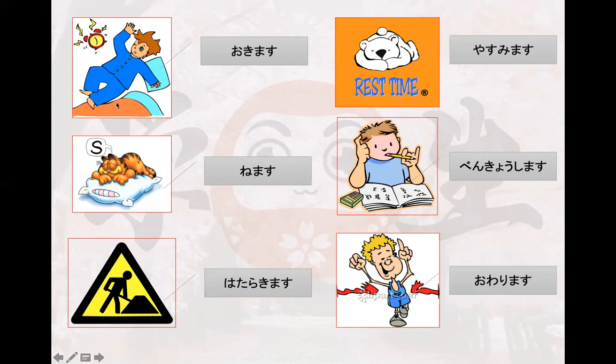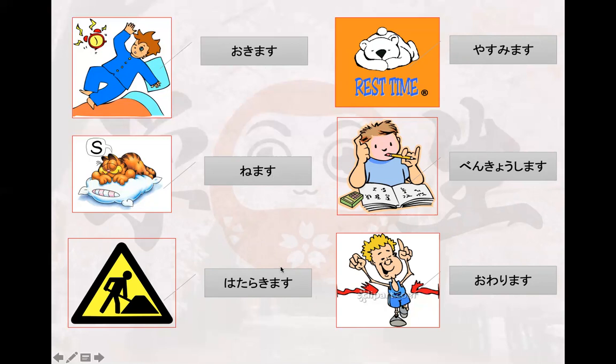Owarimasu. Okay? So, you can repeat after me. Wake up, okimasu. Sleep, nemasu. Work, hatarakimasu. Rest, yasumimasu. Study, benkyou shimasu. And to finish, owarimasu. As you notice, these are verbs, and these verbs all end in mas form.